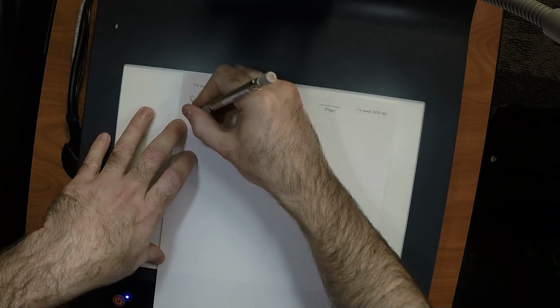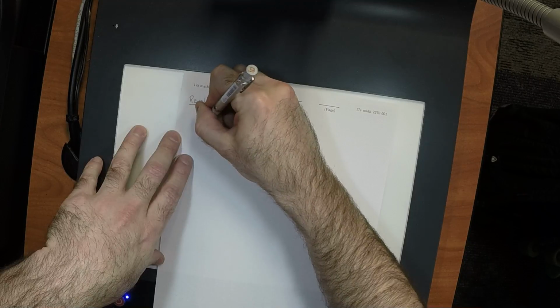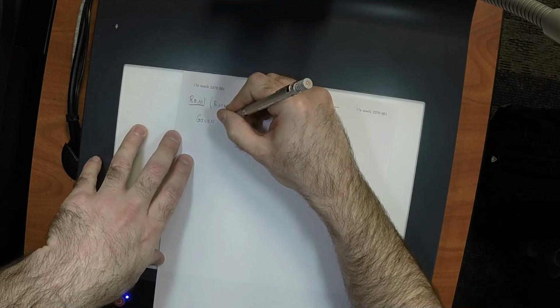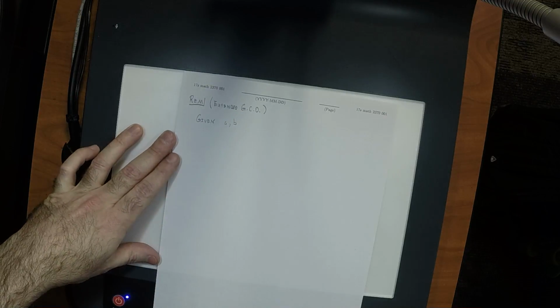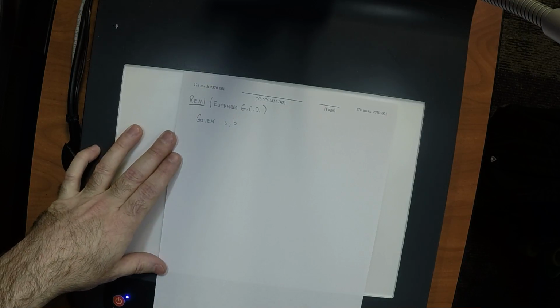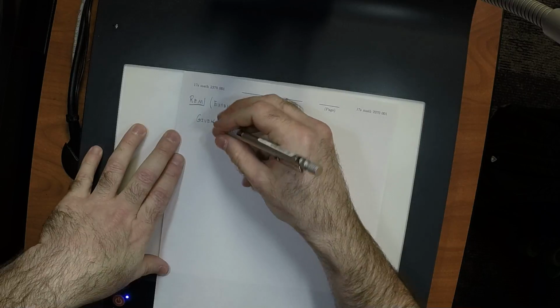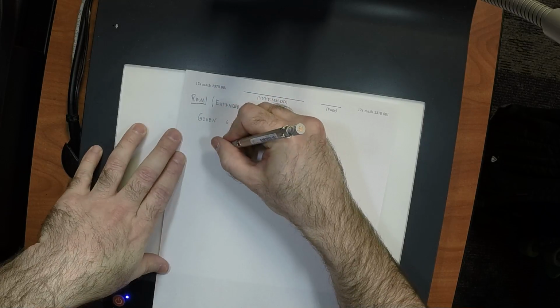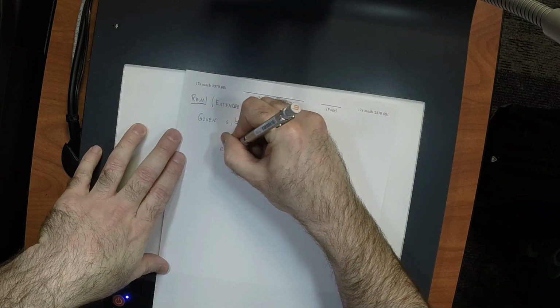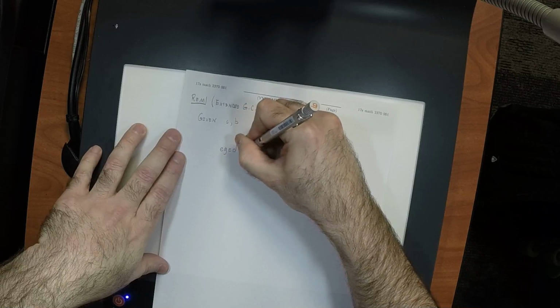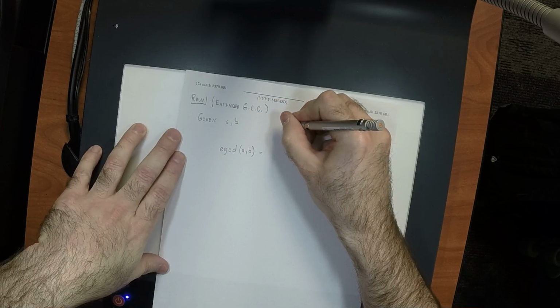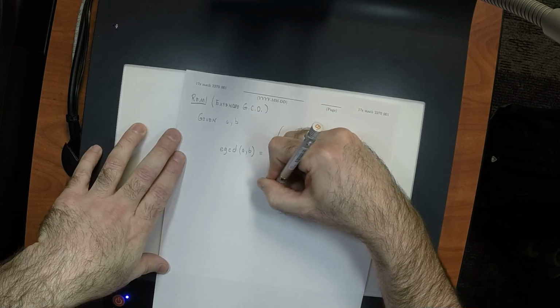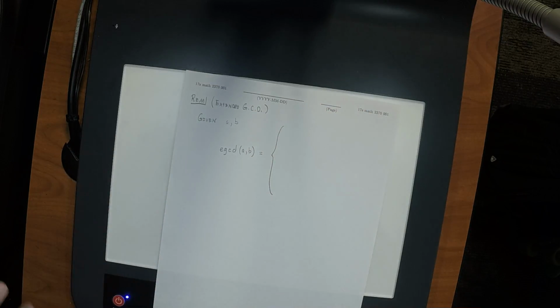Okay, so given a suitable A and B, for which the GCD is a defined thing, the extended GCD, EGCD, of A and B, will still be recursive. And there'll still be base cases.